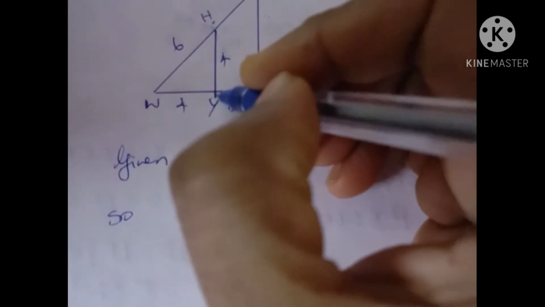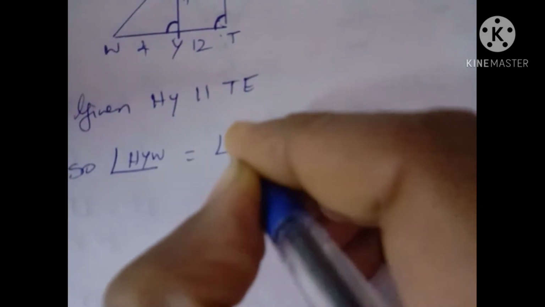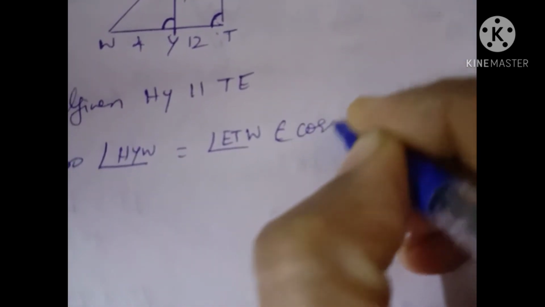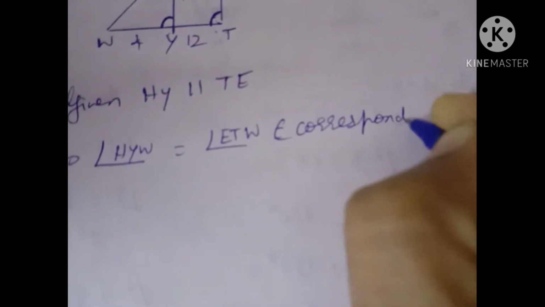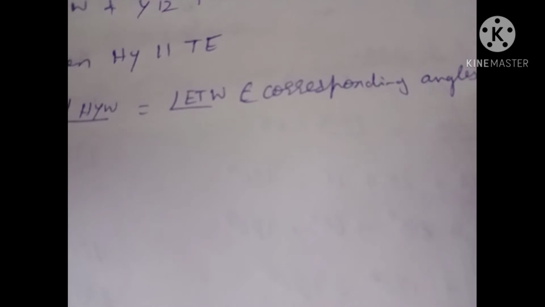If HY is parallel to TE, then angle Y is equal to angle T, corresponding angles are equal. Therefore, angle HYW is equal to angle ETW, corresponding angles are equal.